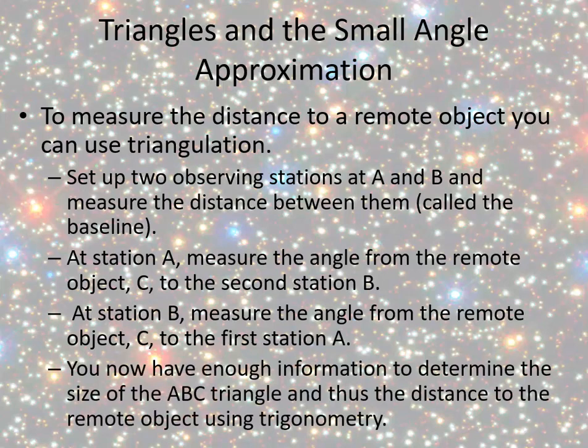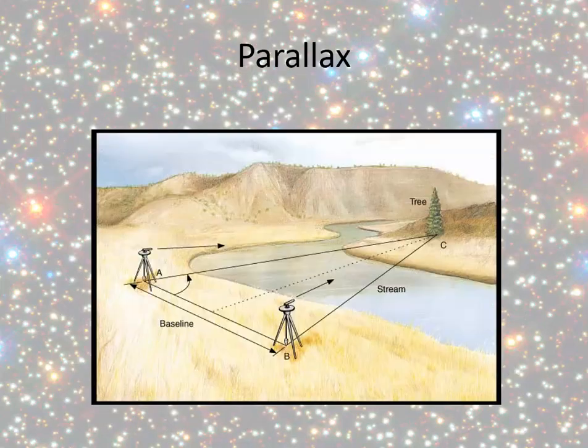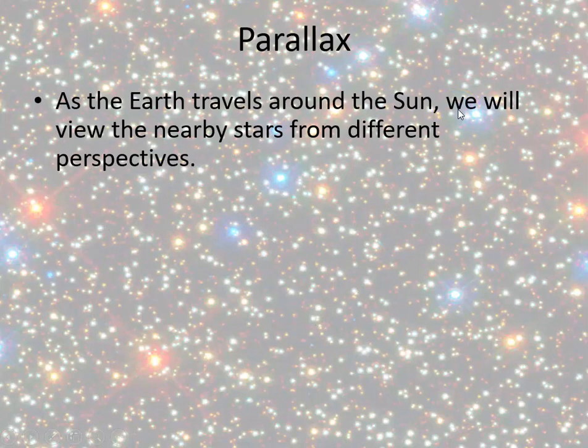Based on that, you can use just trigonometry to determine the distance to the object, based on the distance between your observation posts and the angles. The idea is that you try to make your observation posts kind of perpendicular to the line of sight to the object, so that this ends up being an isosceles triangle.